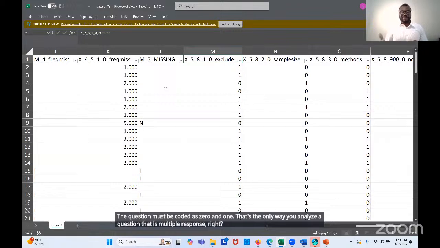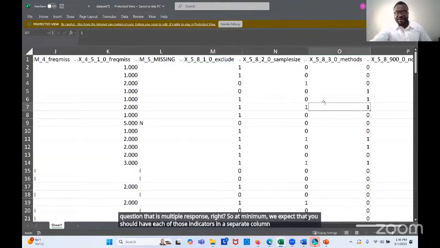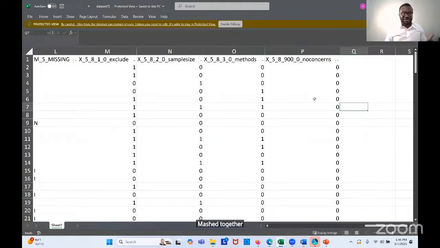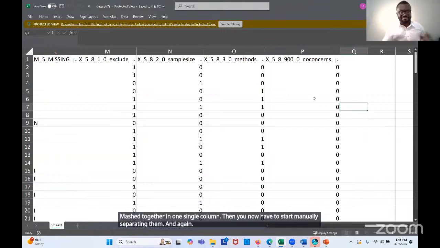So at minimum, we expect that you should have each of those indicators in a separate column of its own, not all of them mashed together in one single column. Then you now have to start manually separating them. And again, whenever you start doing things manually, the room for error has increased exponentially, right? So it's always a bad idea when you're doing things manually.